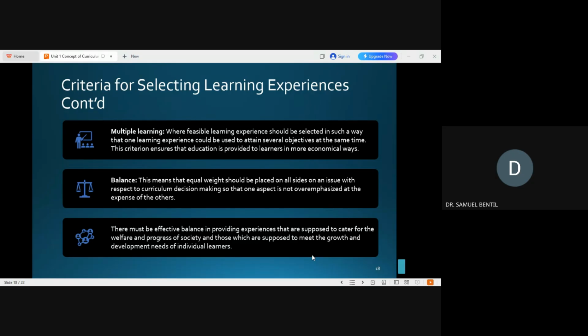That one particular video they watched as an activity ended up achieving all the objectives. And that's what we call multiple learning. That's why we say, where feasible, a learning experience should be selected in such a way that one learning experience could be used to attain several objectives at the same time.